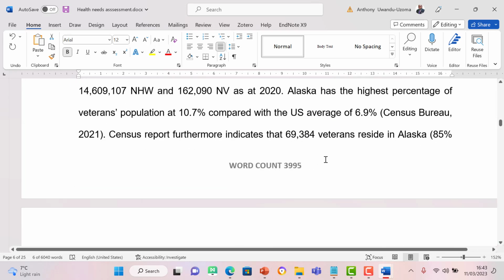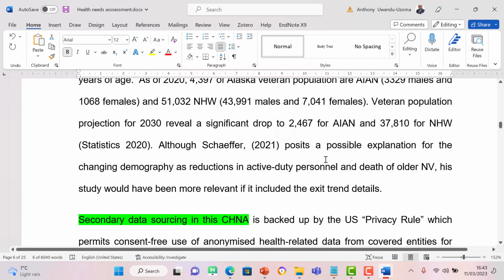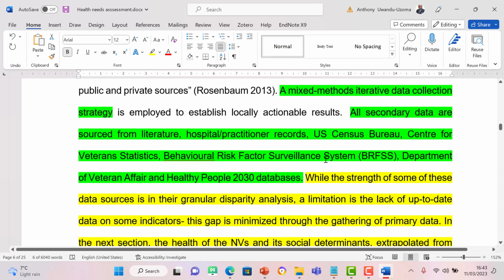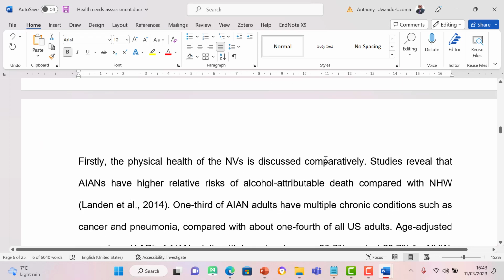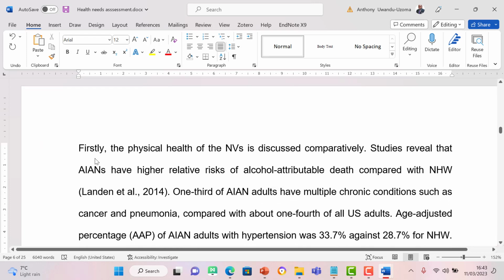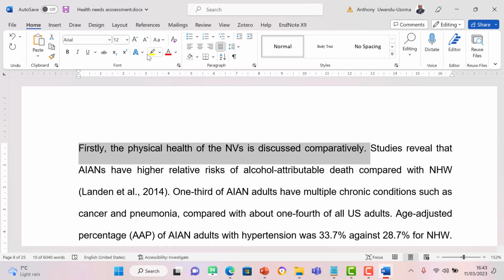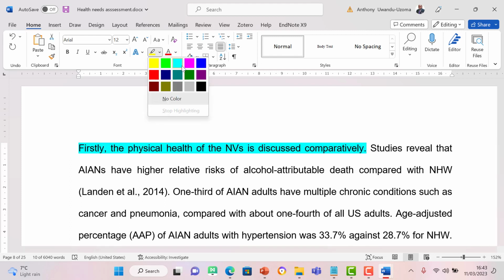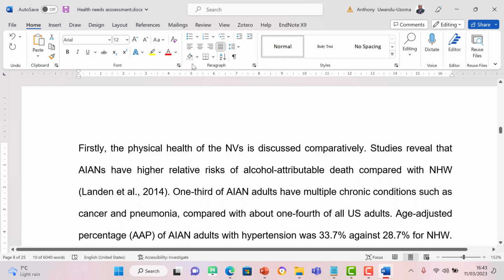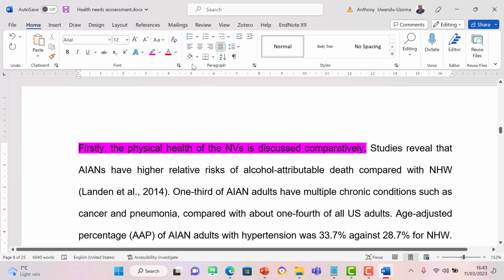So let's go see what the author did. That should be page 8. Good. Page 8, that is the health status. So page 8 answers the question, what is the health status of the population? That's the question we want to answer now, so that we're able to know how mental health came up.